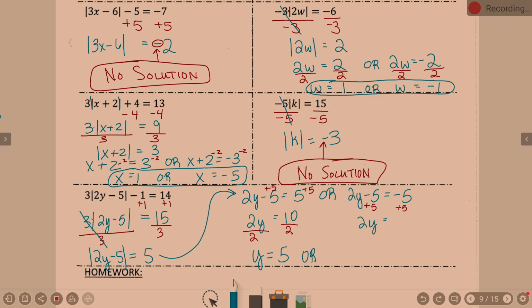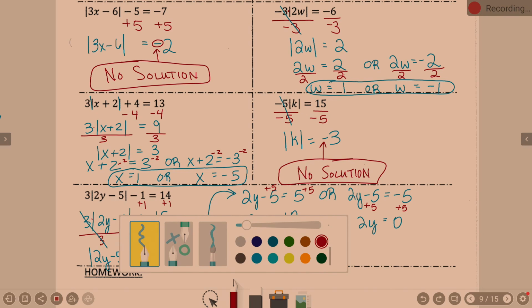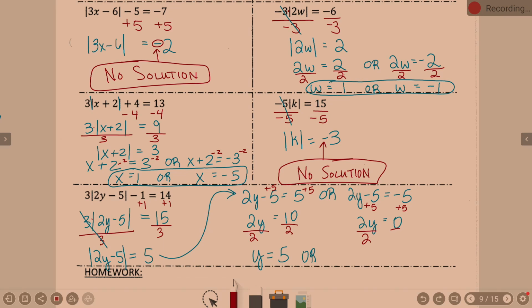It's 0, yes. If 2y equals 0, how do I solve? If it's 2 times y, again, we're going to divide by 2. What is 0 divided by anything? 0. If I have 0 cookies and I'm dividing them amongst 5 of my closest friends, you still get 0. We unfortunately all get 0.